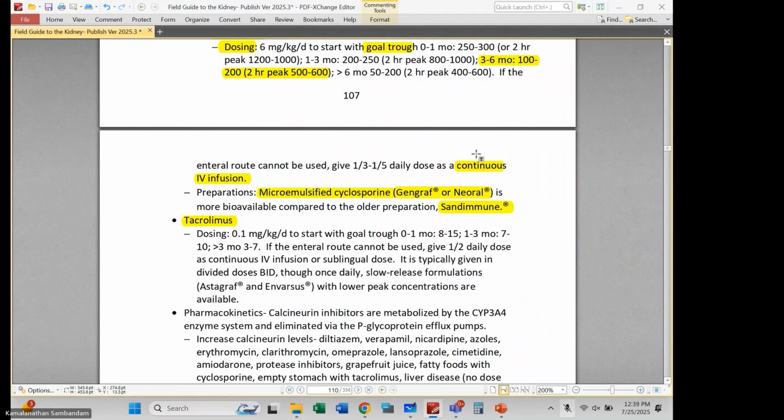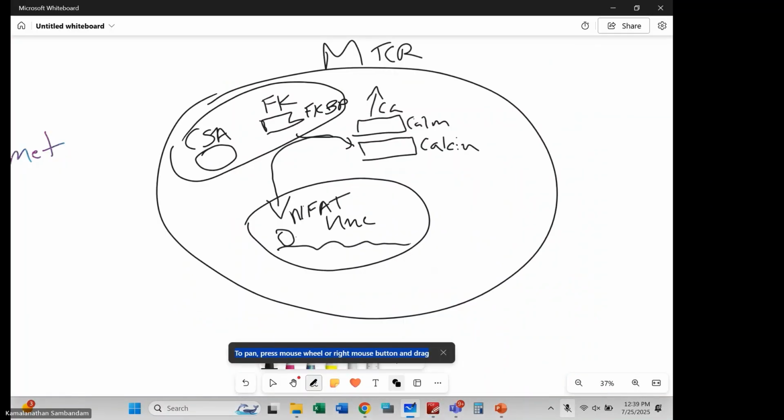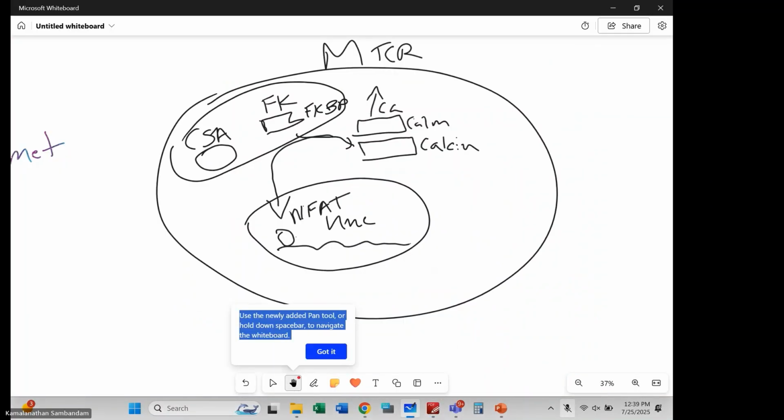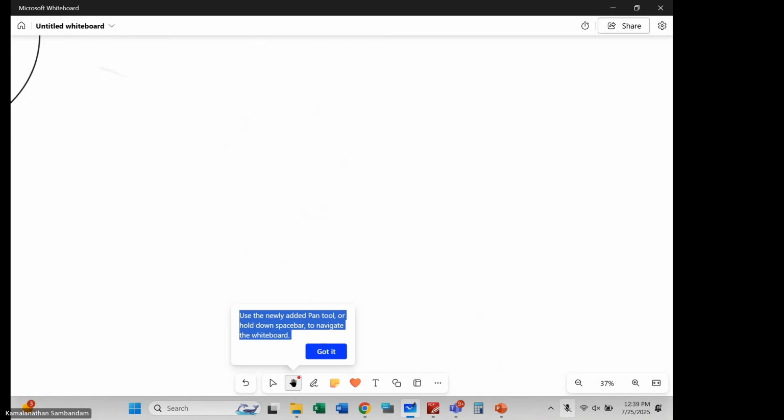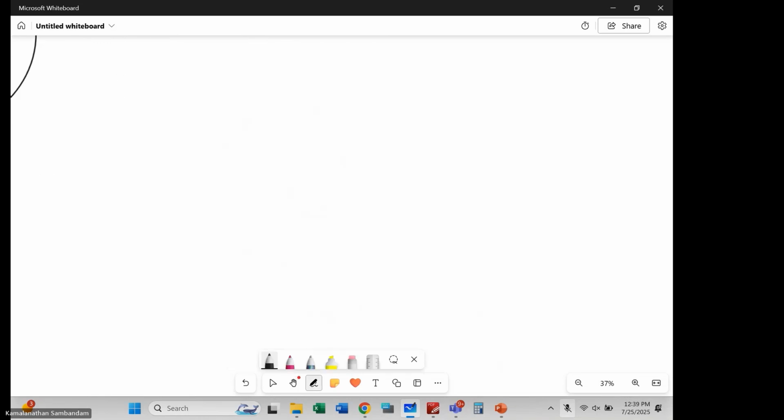If you give continuous infusions of cyclosporin IV, you have to give much less of it. Okay, so this gives me an opportunity to talk about the calcineurin inhibitor metabolism. So calcineurin inhibitor metabolism is through hepatic P450 enzyme systems.